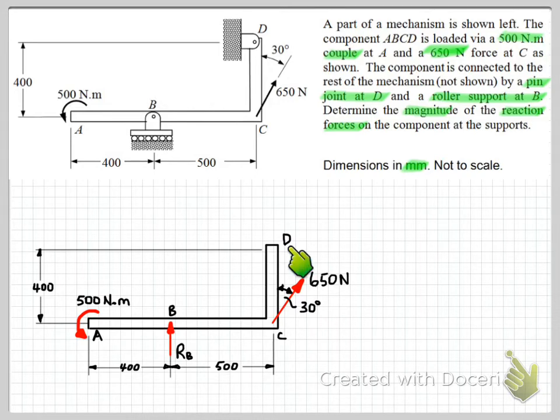Okay, so we now need to look at point D here, where we've removed the pin support, so we need to replace that pin support with the forces that the pin support applies to the component ABCD at point D. So if we go back up here to that support, this pin support is fixed to ground or the rest of the system, so the component ABCD is constrained or prevented from moving in the horizontal direction, and also prevented from moving in the vertical direction.